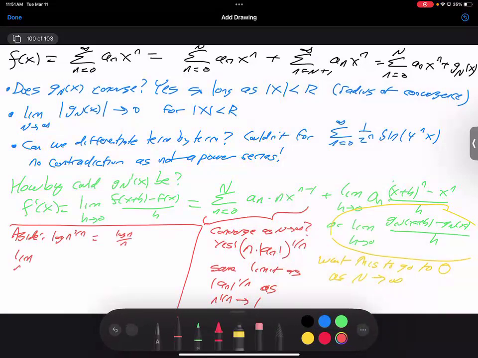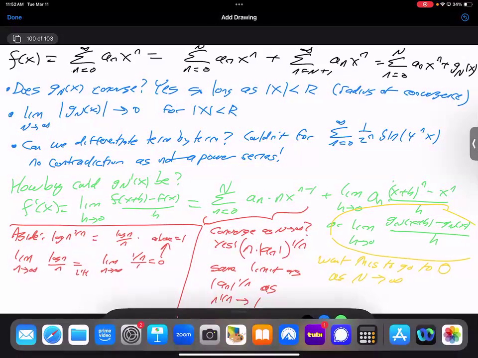And so the limit as n goes to infinity of the log of n over n, what does that equal? What do we use? L'Hopital. And so you can use L'Hopital and you get that's the limit as n goes to infinity of 1 over n over 1, which is 0. Therefore, that implies the above equals 1.